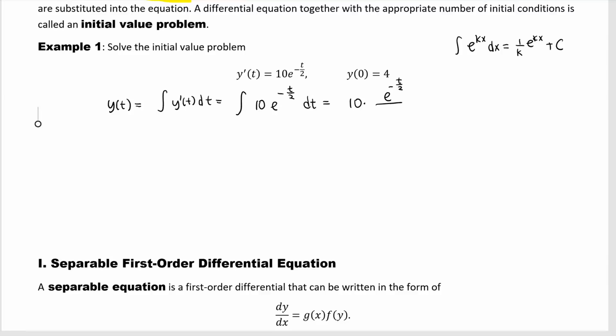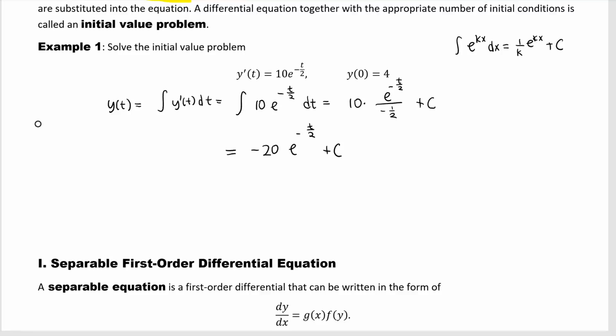What is k? k is minus one half, right? And don't forget our constant C. Dividing by negative 1/2 is the same as multiplying by negative 2. So we have minus 20 e to the minus t over 2 plus c.